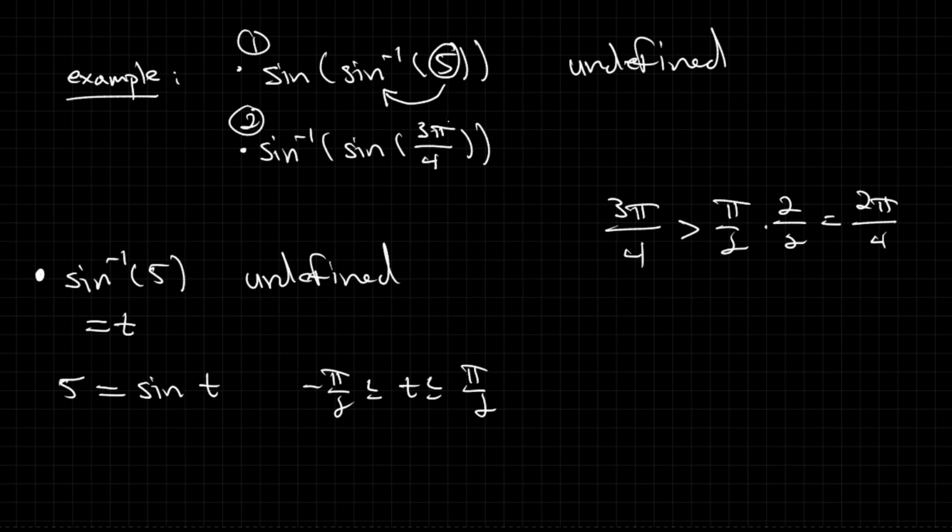In the case where you're evaluating sine inverse of sine, or cosine inverse of cosine, or tan inverse of tan, of something here that's not in the restricted domain, then what ends up happening is you get something that's not 3 pi over 4, but it will in fact be defined. So we saw in the second example that this was pi over 4. So the situation is a little bit different for compositions that look like inverse trigonometric function of trigonometric function.